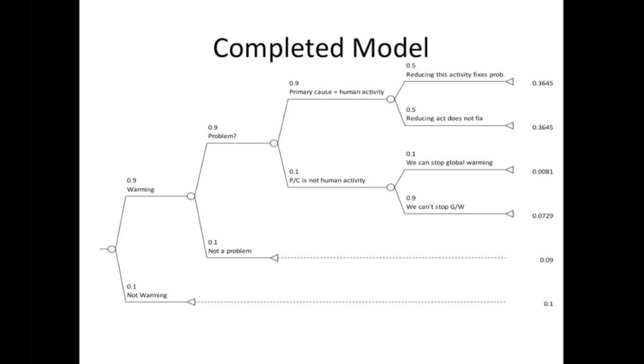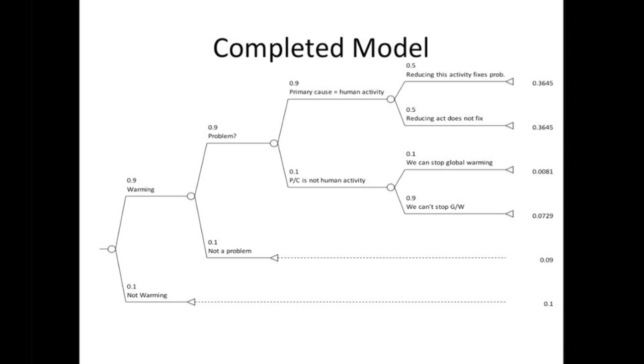And here is the completed model. The completed model is put together by essentially multiplying the probabilities through each of the 6 legs of the chain, and the resulting probability distribution at the 6 triangular terminal nodes reflects the relative significance of each of the outcomes.